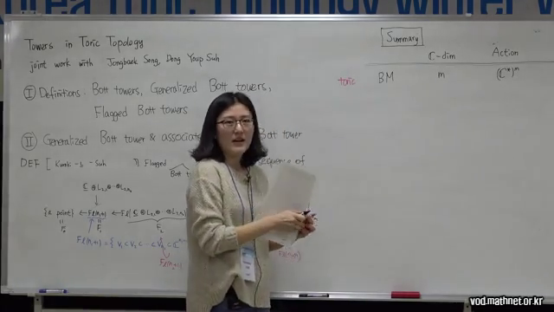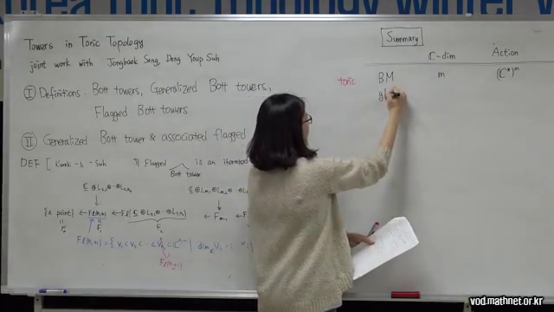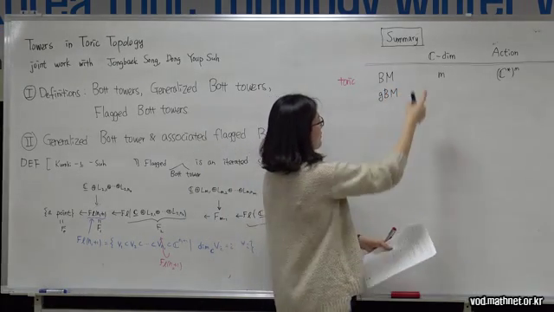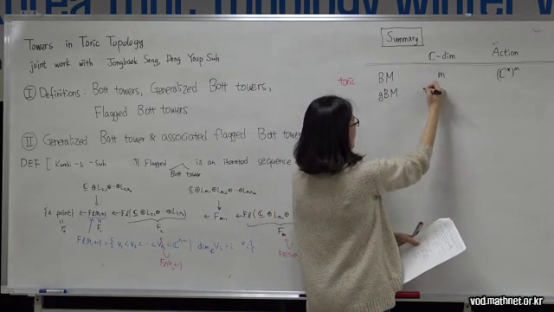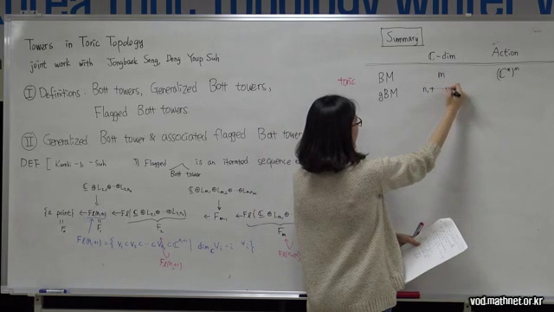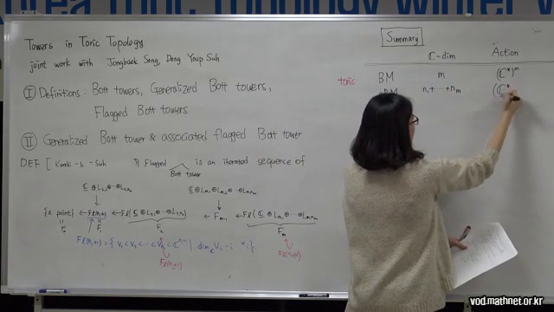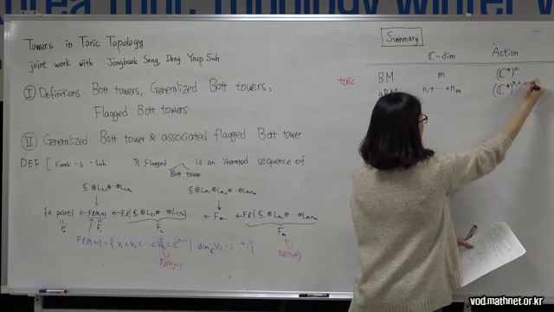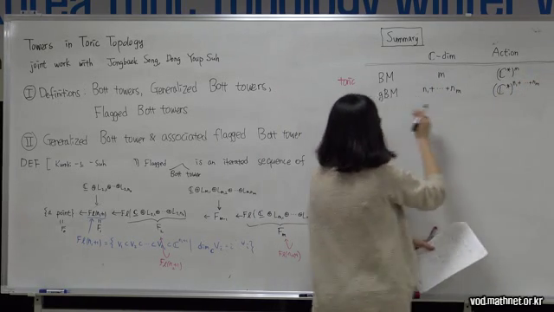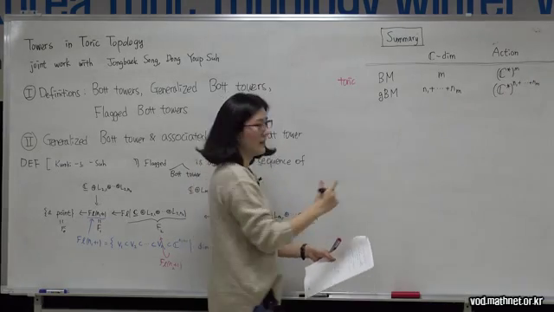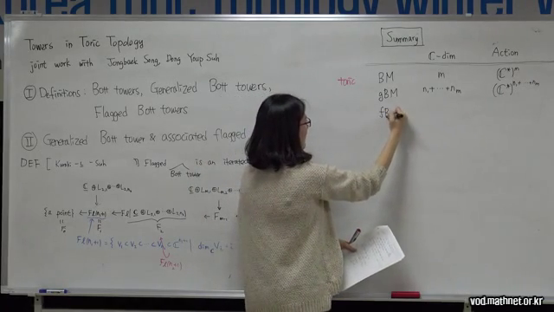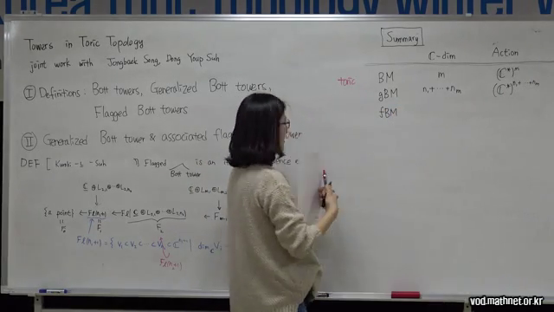A generalized Bott manifold has complex dimension n1 plus ... plus nm, and there is a complex torus of the same dimension acting on it, and also this is toric.